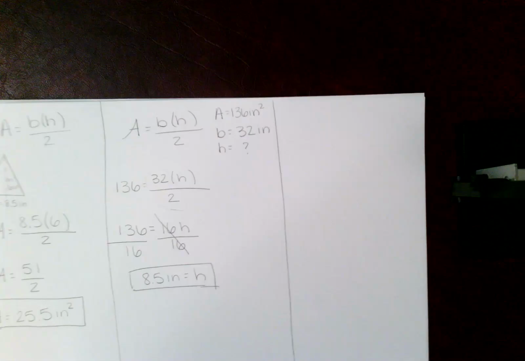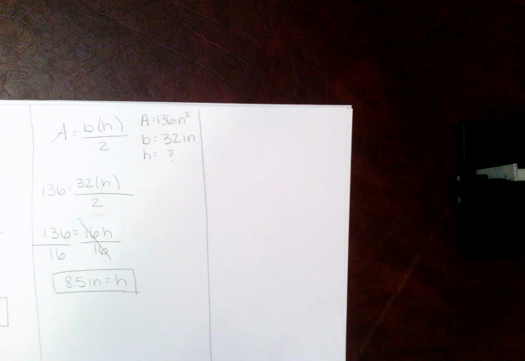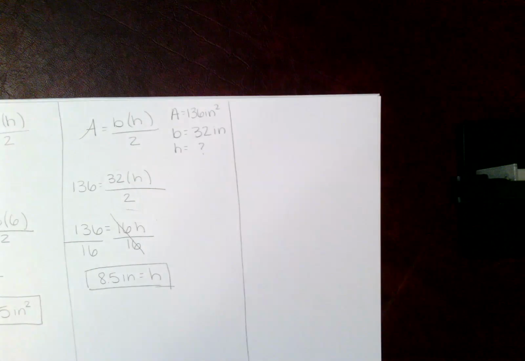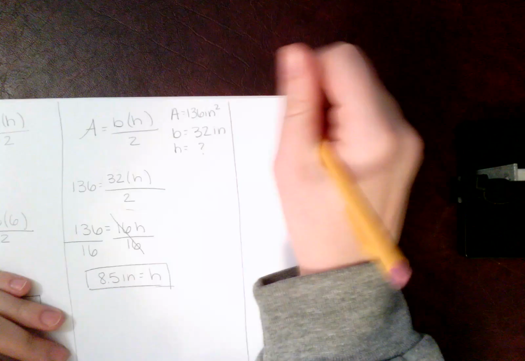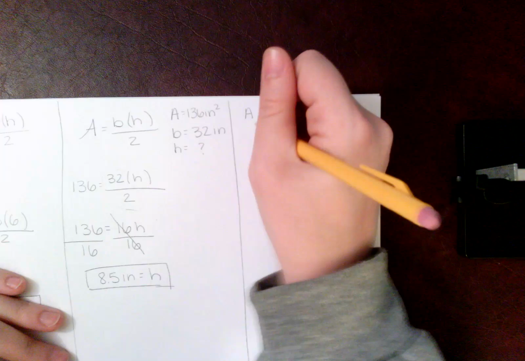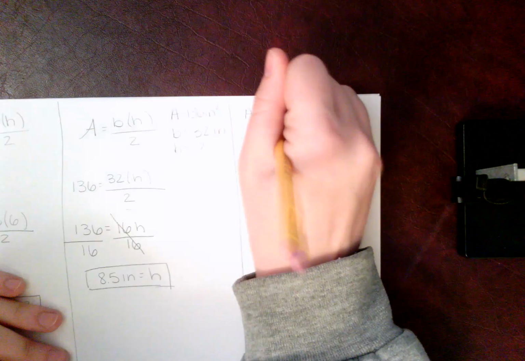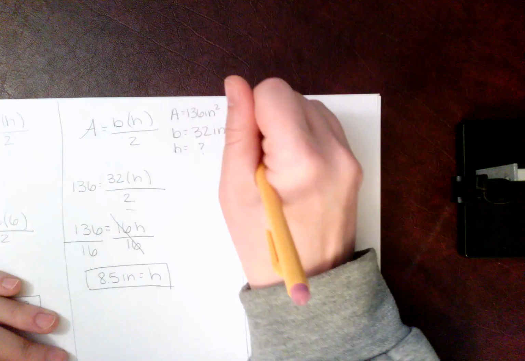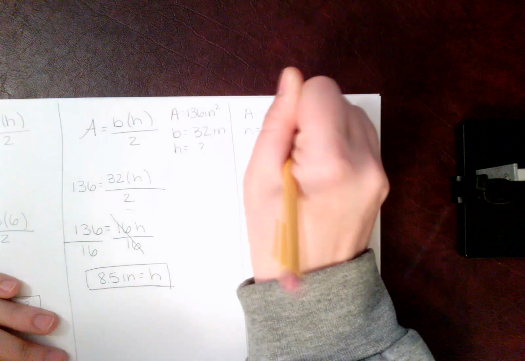Yay. The last type of problem I want to review quickly is if they give you the height, but you don't know the base. So let's say you are given a problem and they tell you the area is 90 inches squared and your height is 12 inches, but you don't know what your base is.